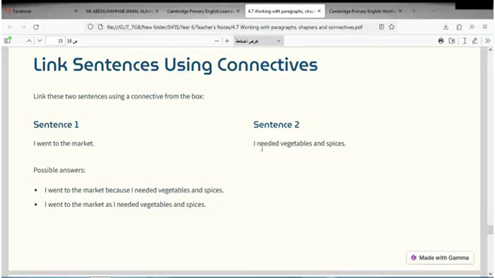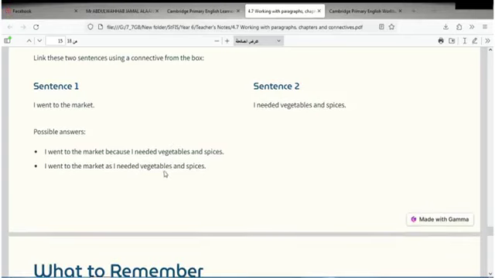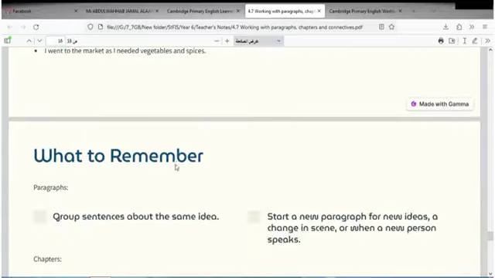Or I can say, as I needed vegetables and spices, comma, I went to the market. Because I needed vegetables and spices, comma, I went to the market. Remember, when you put the connective or the adverb at the beginning, then you have a front adverbial, and you have to put a comma after the first clause.